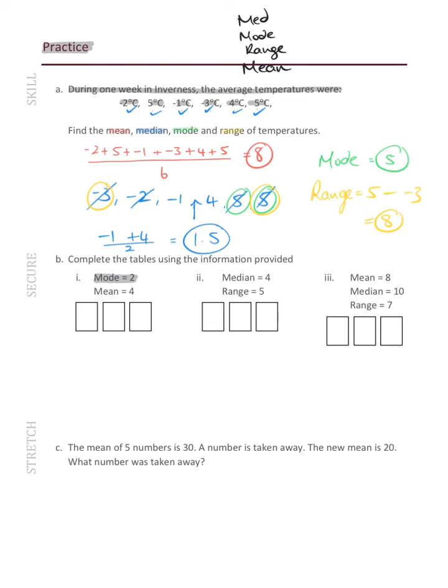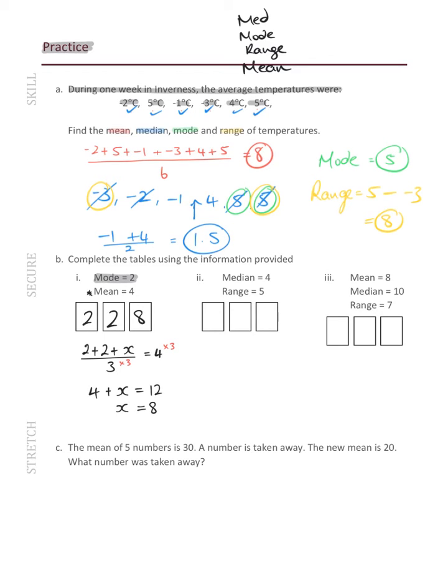And I know they're going to go at the bottom because the mean is bigger than 2. Now the mean is 2 plus 2 plus something divided by 3 equals 4. So that's how we set up the mean. Times by 3 times by 3, so 4 plus x equals 12. So x equals 8. So 8 goes in there.